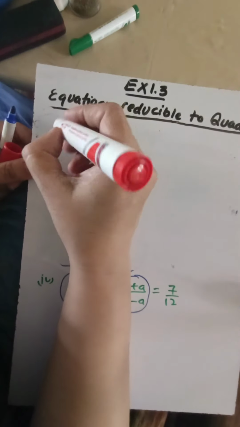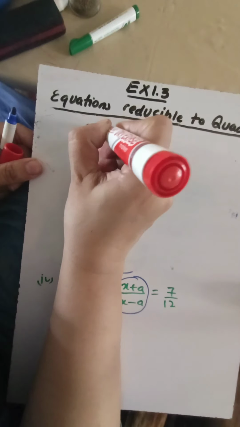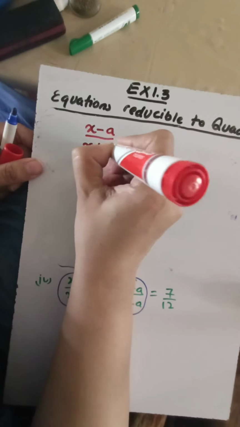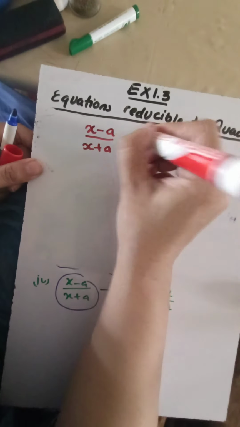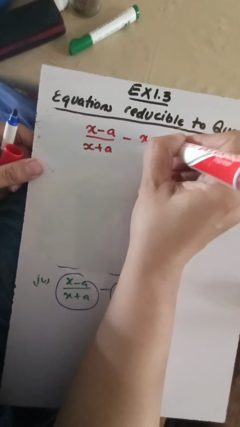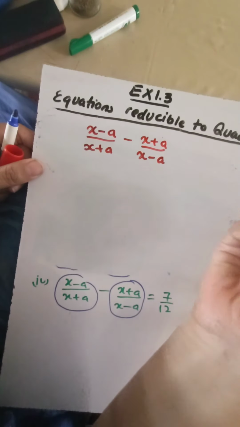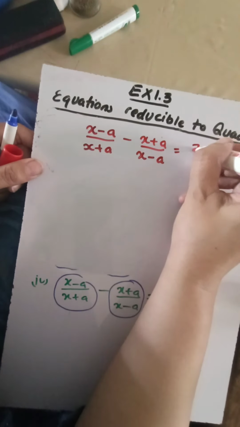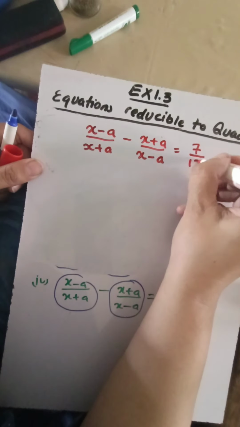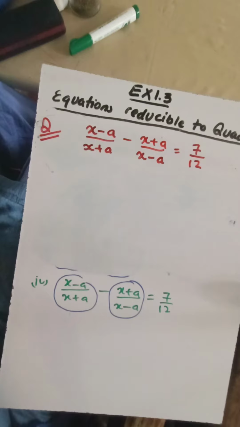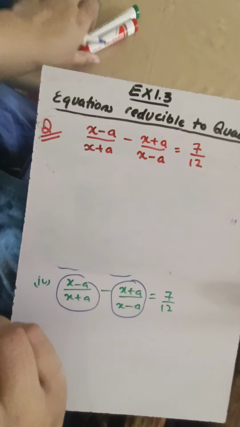The question is: x minus a over x plus a minus x plus a over x minus a is equal to 7 over 12. This is a question from your exercise, and I am going to solve it by using the type 2 method.